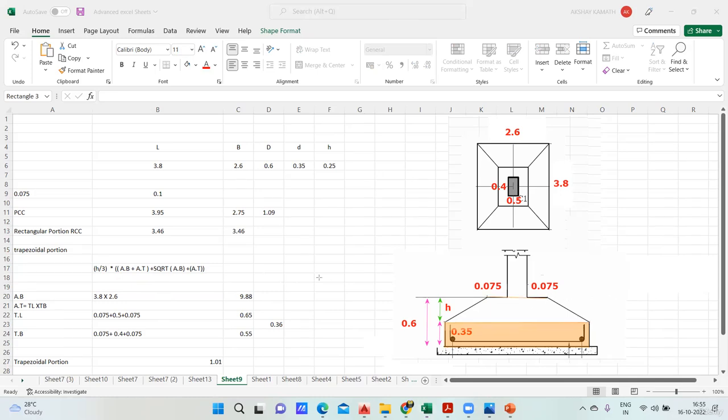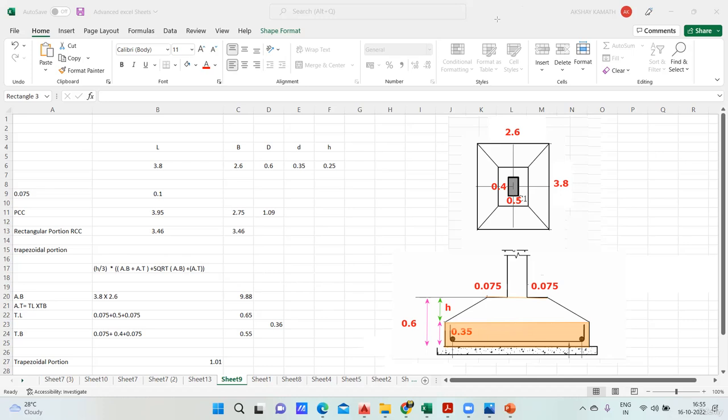Understood? So I've written AB is bottom area, A is area, plus top area, plus square root of AB, where AB again means bottom area, times top area. Okay, this much is understood.